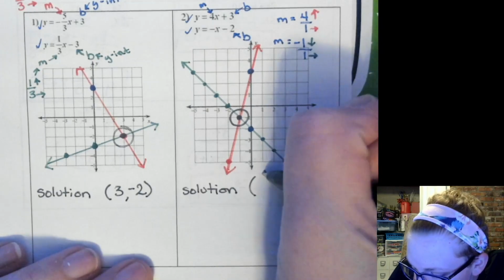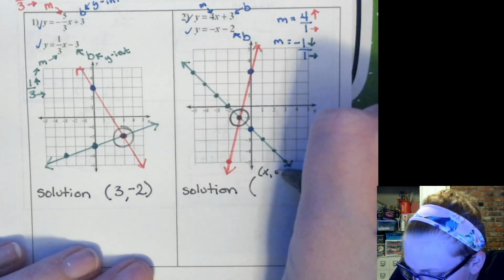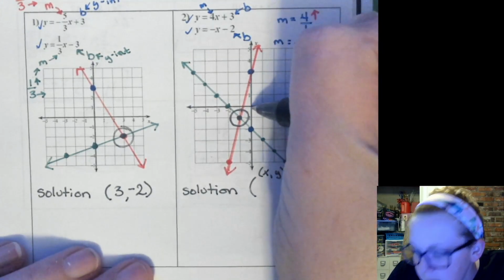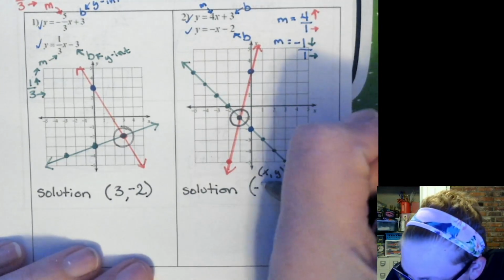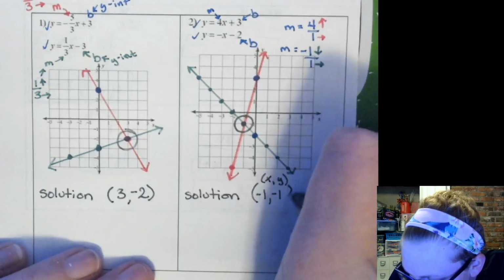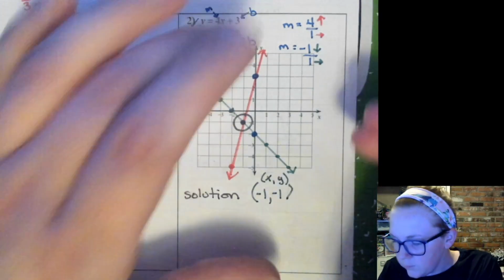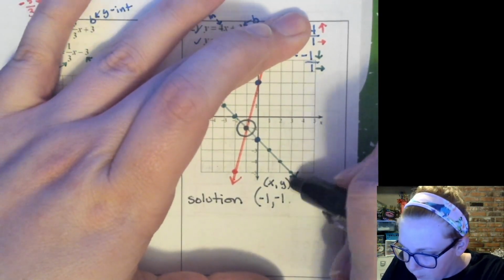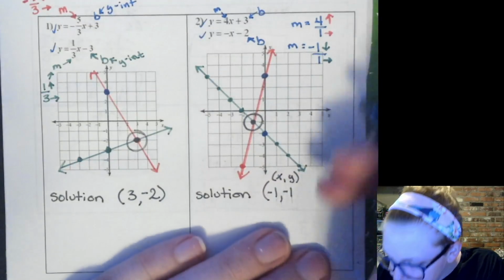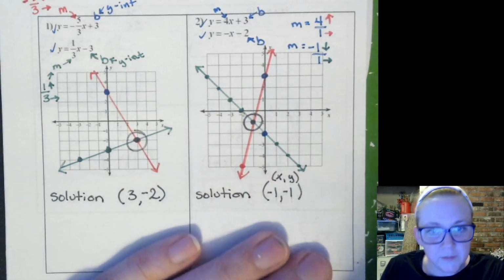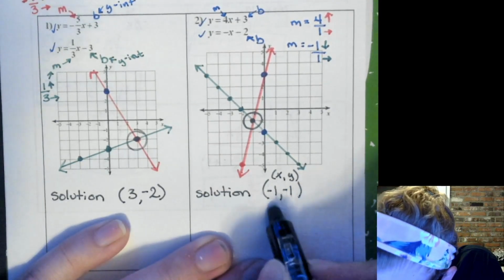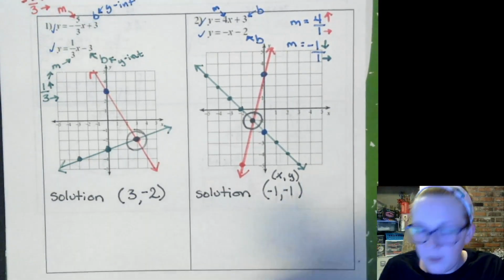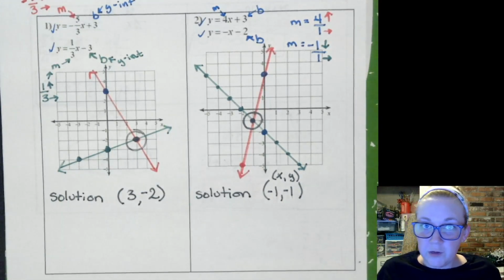So if they asked for the x comma y, you would say it's -1, -1. That's what we're looking for. Hopefully you're not doing so bad.